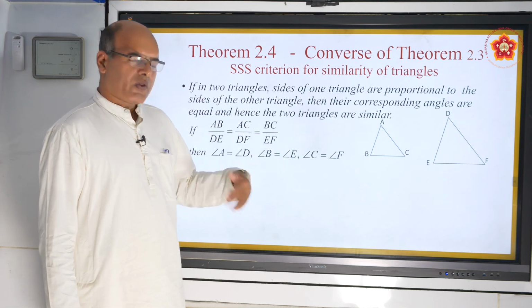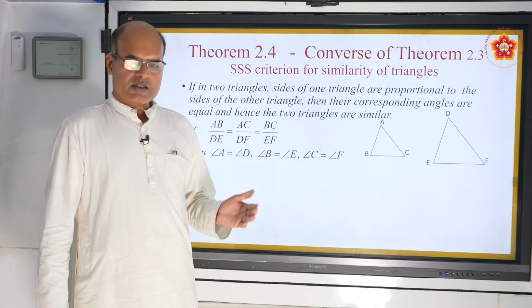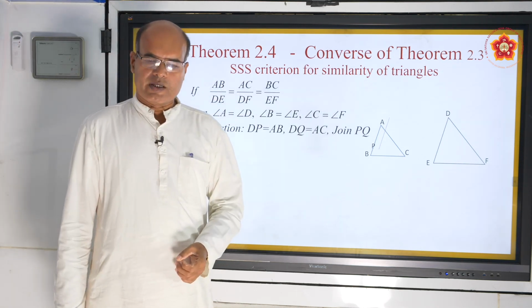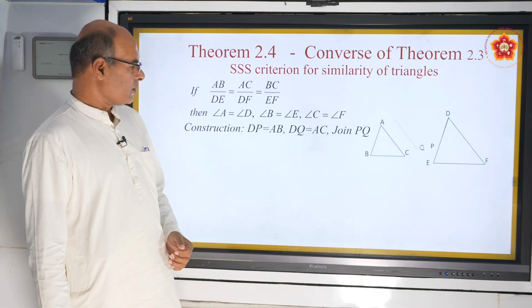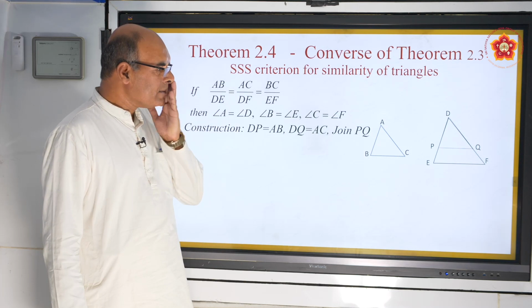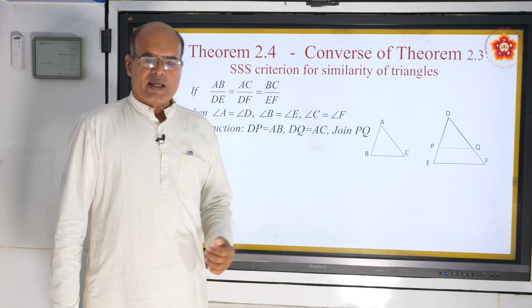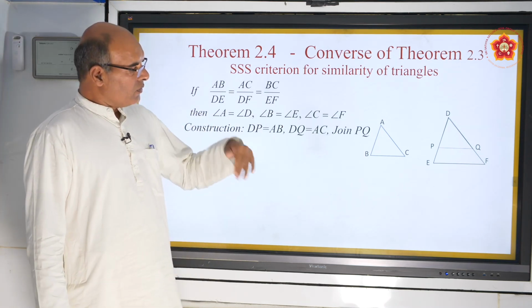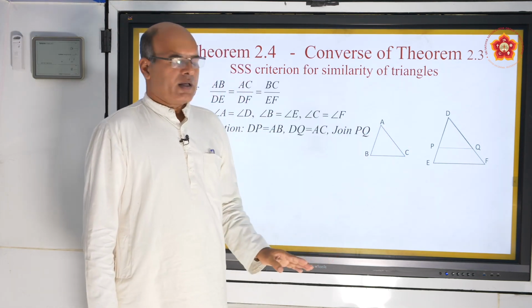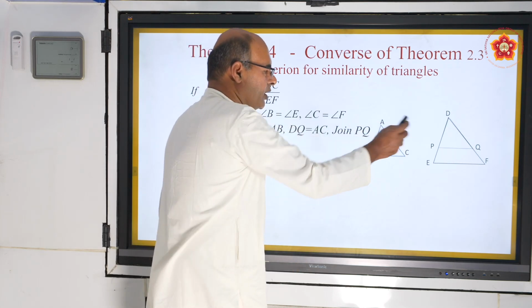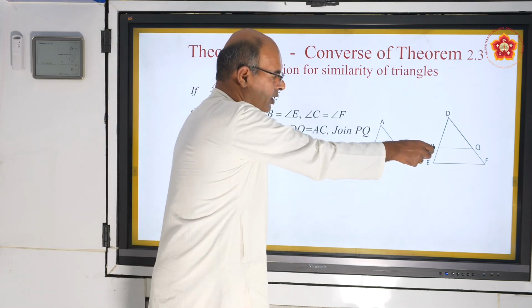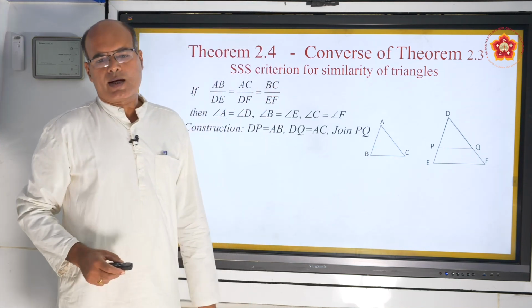To prove this, we need a construction. The construction is the same as in theorem 2.3, the AAA criterion theorem, same construction. In theorem 2.3, we knew that angle A is equal to angle D. Here we do not know that angle A is equal to D, therefore we can't decide triangle ABC is congruent to triangle DPQ directly.